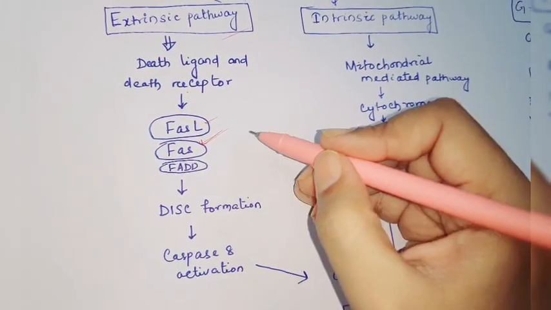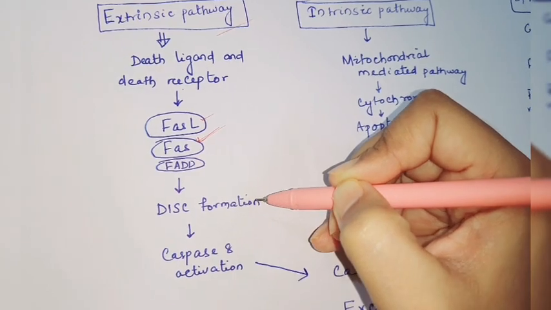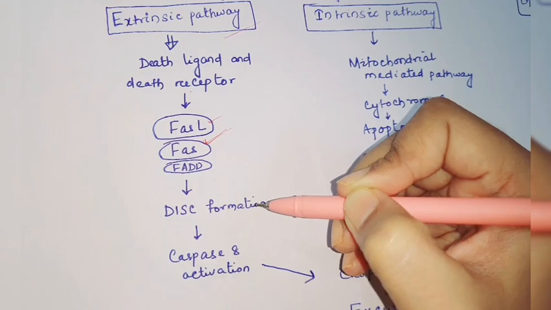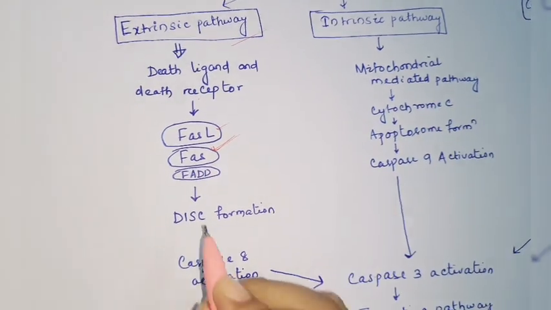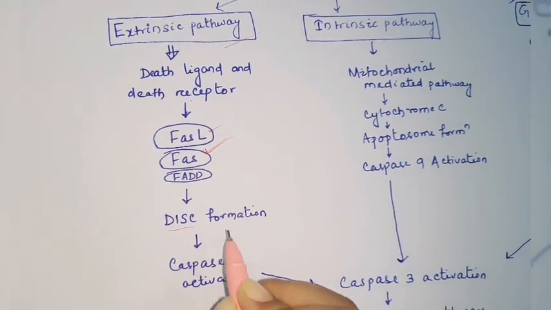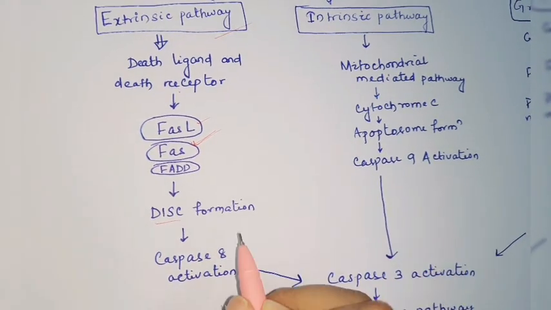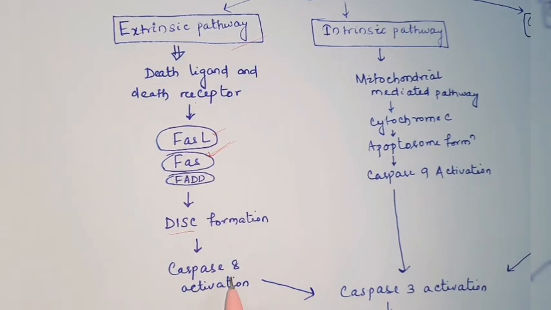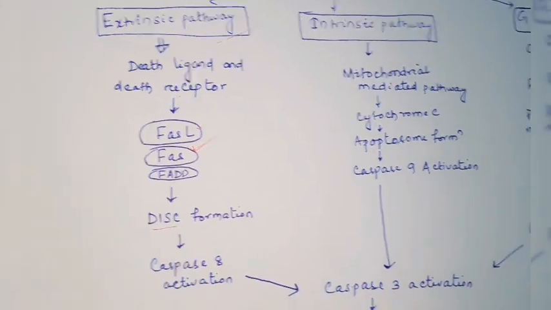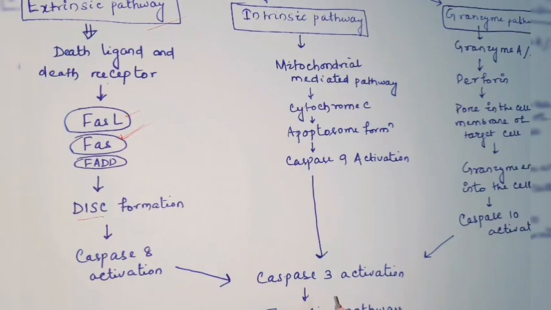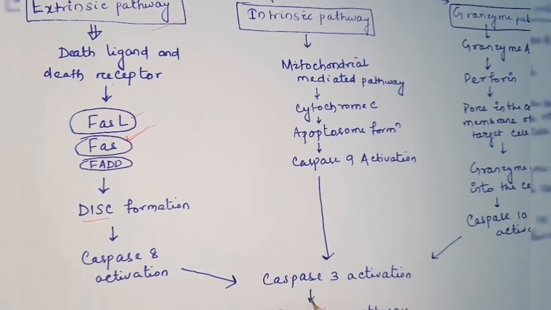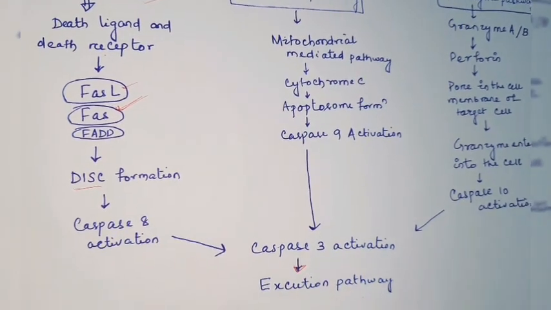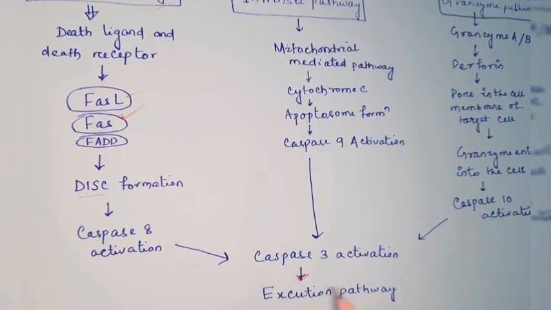Okay, so this activation recruits or forms a death inducing signaling complex, which is called DISC. DISC then activates caspase 8, and in turn caspase 8 activates caspase 3, and caspase 3 next leads to the execution pathway or other downstream processing, which leads to the death of the cell.